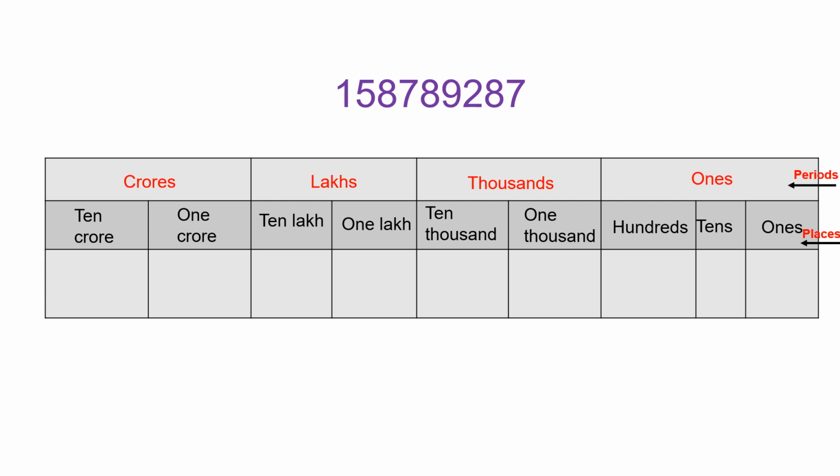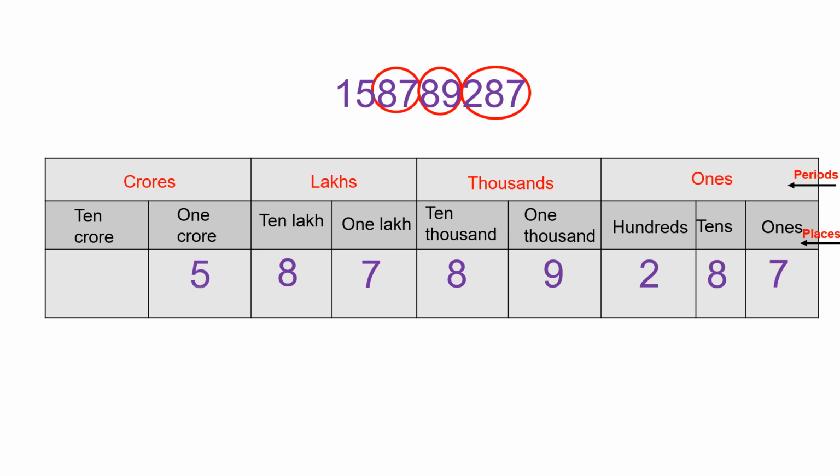Let us start from the right hand side. 7 is in ones place. 8 is in tens place. 2 is in hundreds place. 9 is in 1000s place. 8 is in 10,000 place. 7 is in 1 lakh place. 8 is in 10 lakh place. 5 is in 1 crore place. 1 is in 10 crore place.